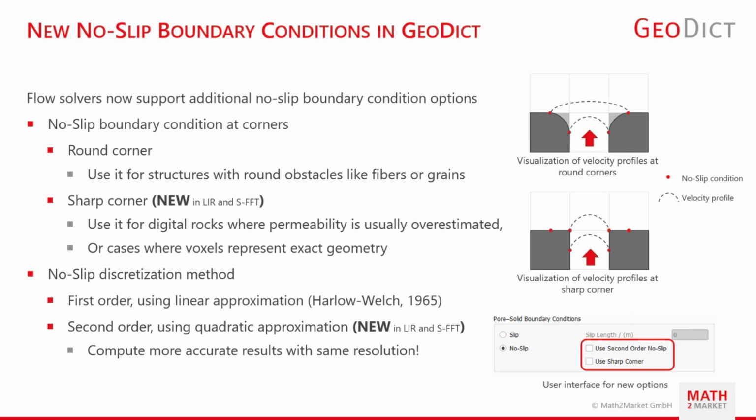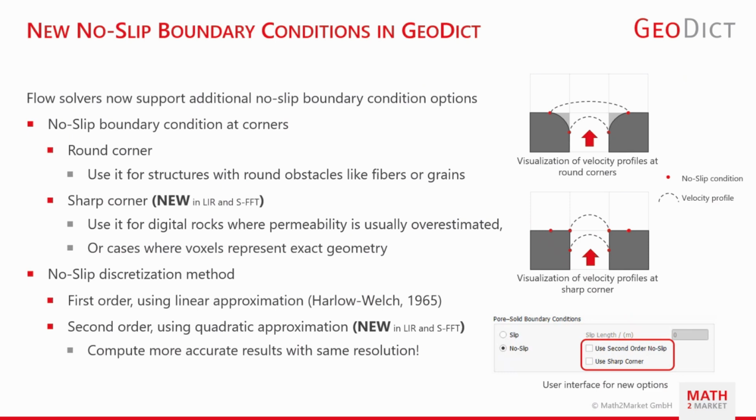And we added two new no-slip boundary conditions for the SimpleFFT and LIR solver, which are available for the flow simulations. The EJ already had this no-slip boundary condition implemented, but the options were a little bit hidden. And now we made these options easily available, and now all solvers support this no-slip boundary condition.